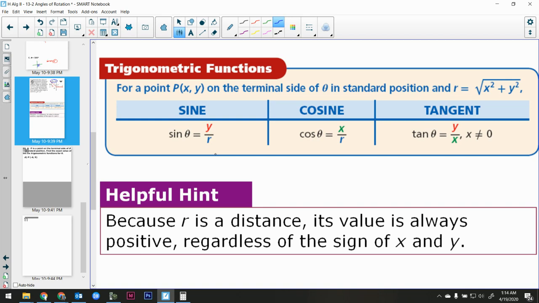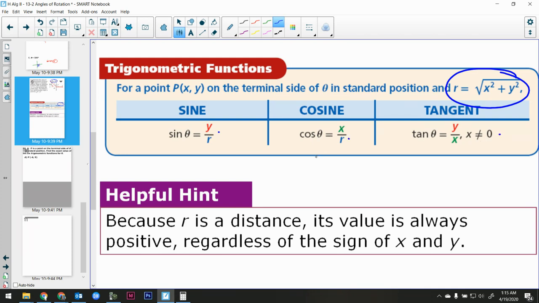It's kind of interesting to point out, you find the R value by the Pythagorean theorem, which is basically the hypotenuse. Given the hypotenuse and the two sides, you could figure out what sine, cosine, and tangent are.